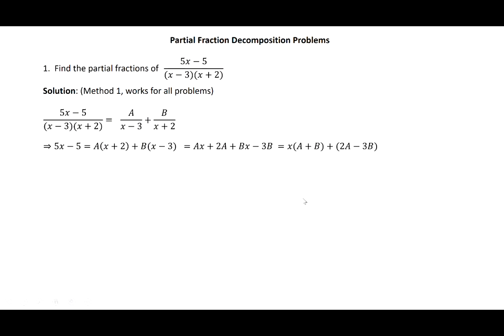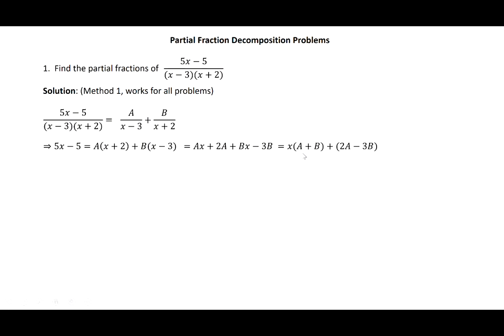Now, the only way that can happen is if the like coefficients are equal. Watch that phrasing. The only way these two things would be equal, and this is an identity, is if the like coefficients are equal.